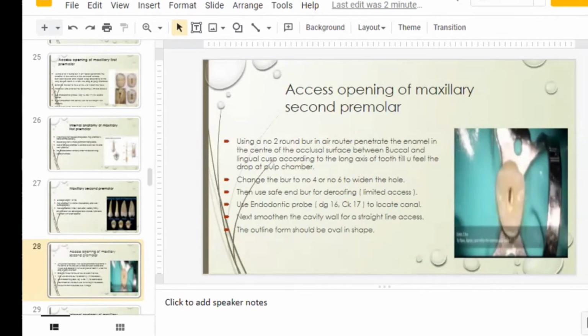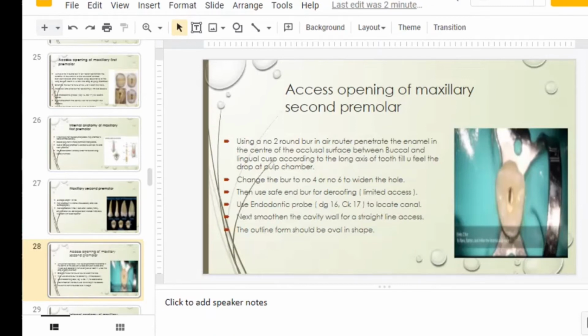Yeah. So the axis opening starts with the round bur till you get the drop. Once you get the drop, change your round bur from number 2 to number 4, of bigger diameter, then make the hole a little bit wider. Then you use the Safe-end bur, where the cutting tip is not there, the tip is only at the walls.